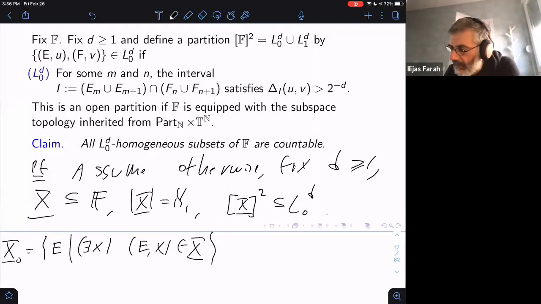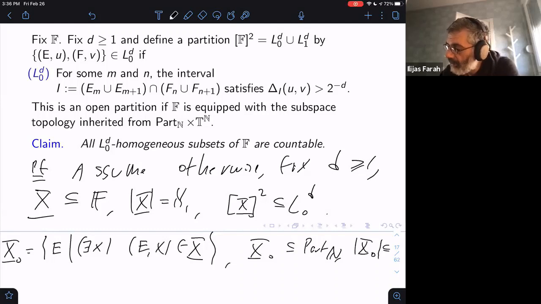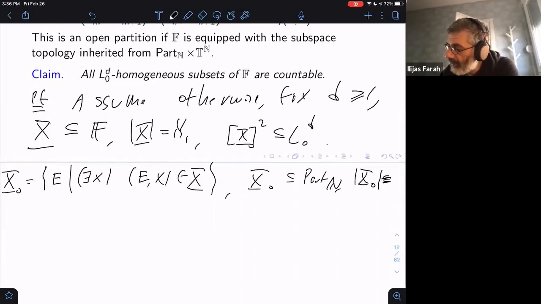This set here has cardinality aleph-1. It is a subset of part N. Cardinality is equal to aleph-1.